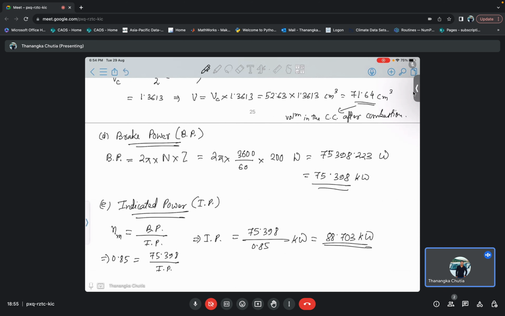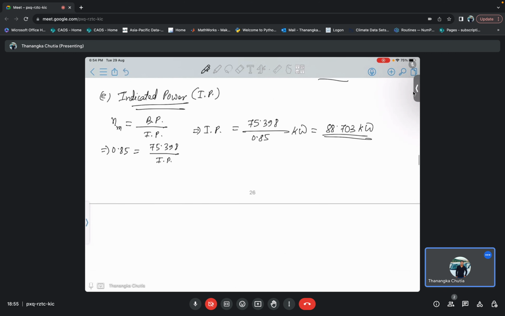Next is your brake mean effective pressure. In short form it is written as BMEP.